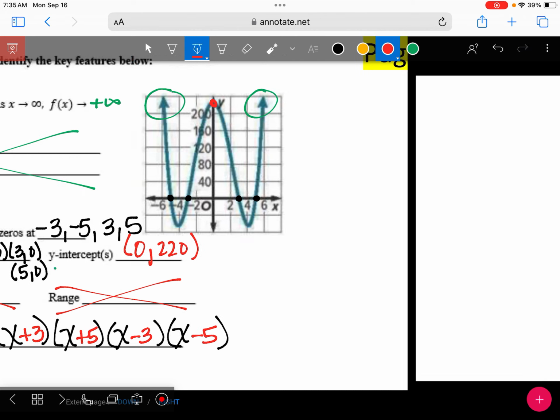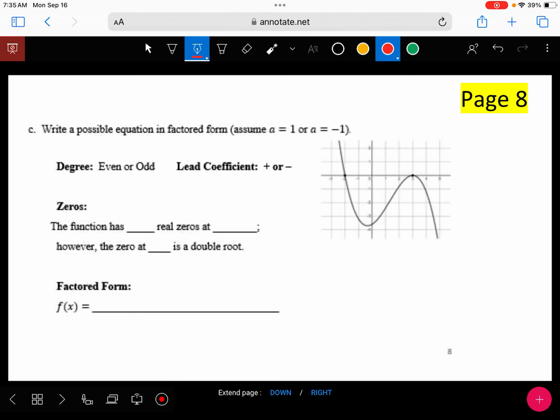Okay, our last one. So is this function even or odd? Let's go ahead and add our arrows. So the arrows are going opposite, so this is an odd degree. Now, because this side is going down, does everyone see how this side goes down? That means that this is a negative function, not positive.